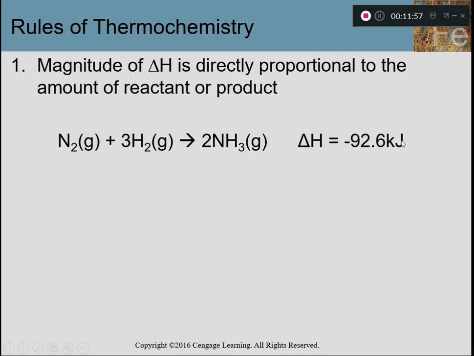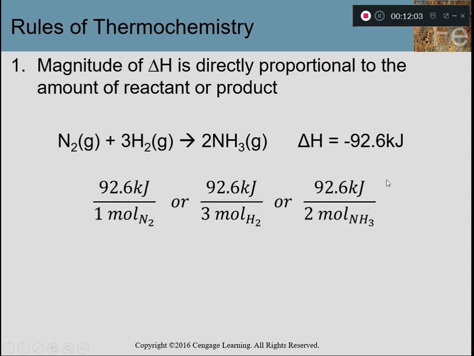Well, the magnitude, the quantity is dependent on the amounts of the reactants or products. So if I had to think in terms of ratios, I'm going to release 92.6 kilojoules for every 1 mole of nitrogen, 92.6 kilojoules for every 3 moles of hydrogen, or 92.6 kilojoules for every 2 moles of ammonia. There's a relationship between the coefficients and the balanced chemical equation.